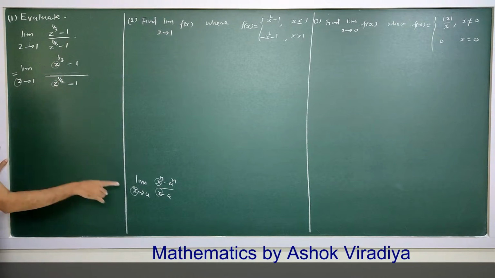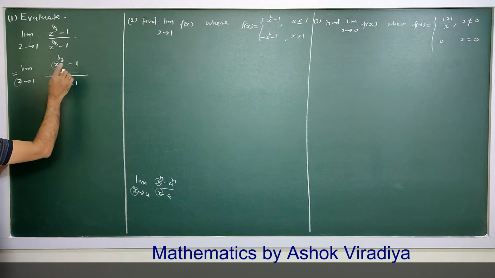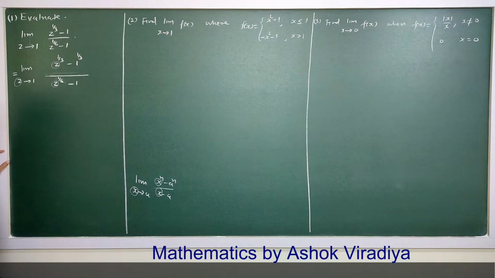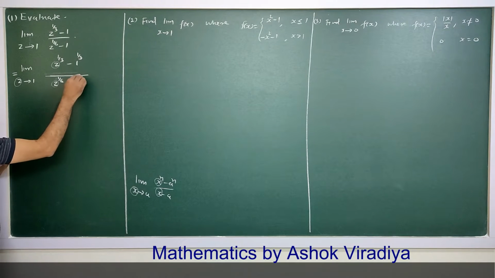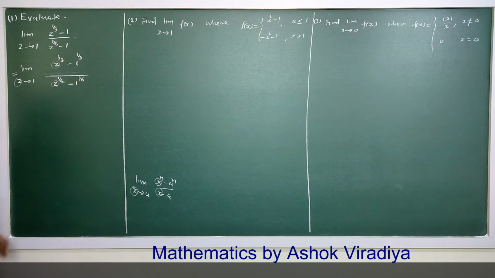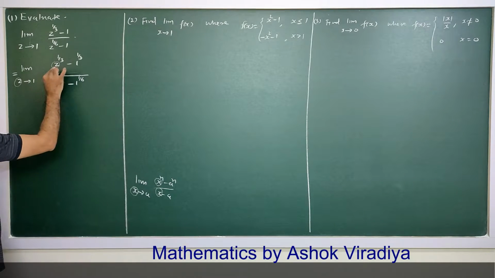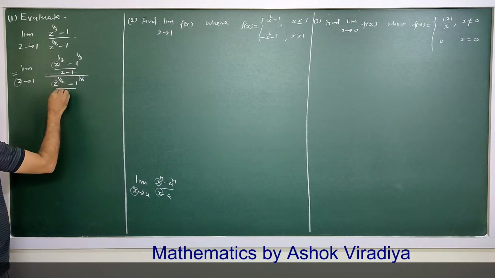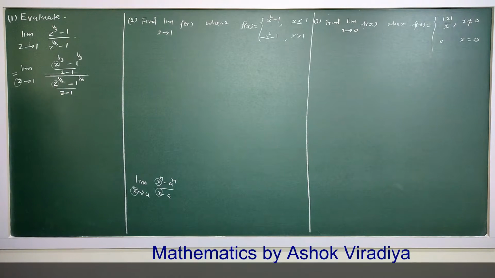So to get this form, what do we do? Here 1 can be expressed as 1 raised to 1/3, and 1 can also be expressed as 1 raised to 1/6. Now to get this form, we divide numerator and denominator by z minus 1. And now you can see that this pattern is obtained in the numerator as well as in the denominator.